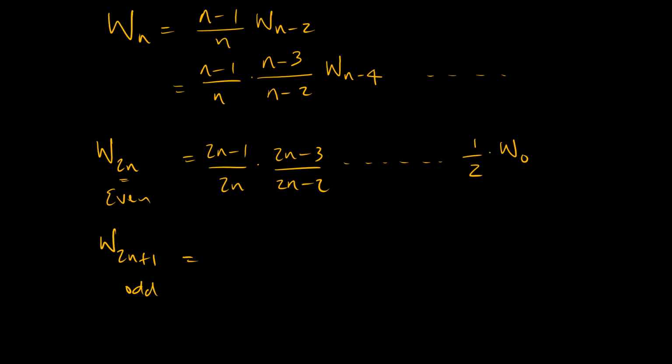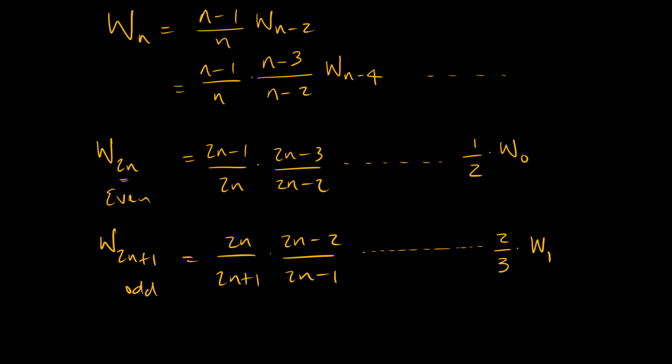So we'll have 2n over 2n plus 1, then we have 2n minus 2 over 2n minus 1, all the way up to 2 over 3, and W of 1. That is that.